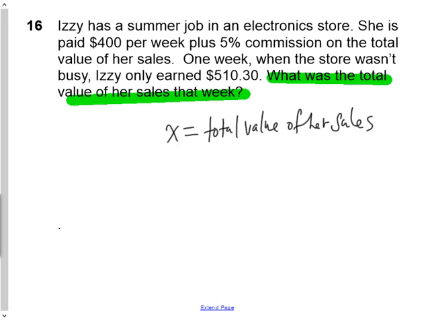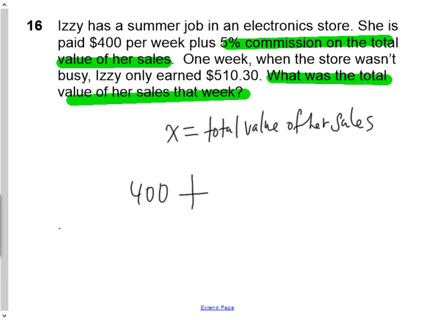Okay, so a 5% commission on the total value of her sales is what she gets as an extra. So I'm going to start with this one first. She gets $400 regardless of how much she sells.